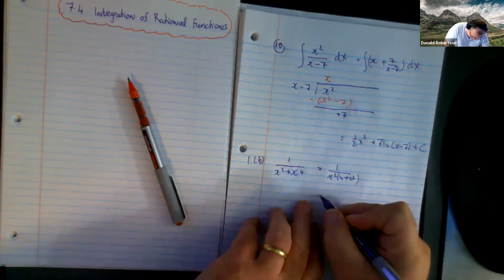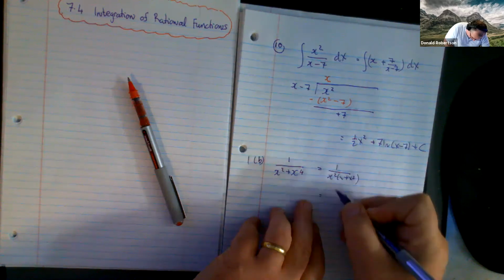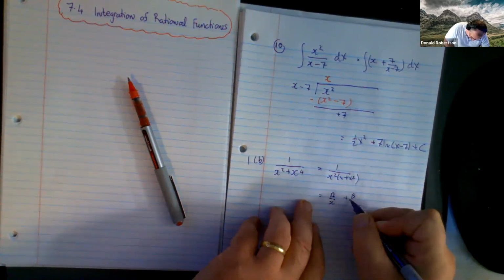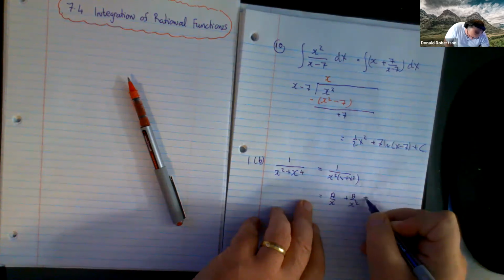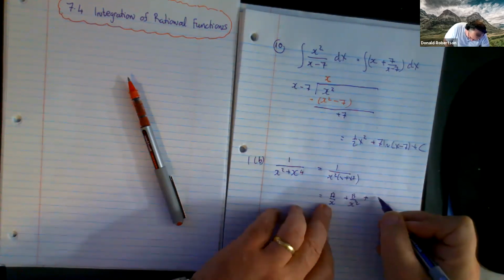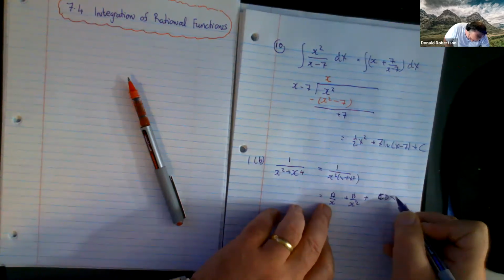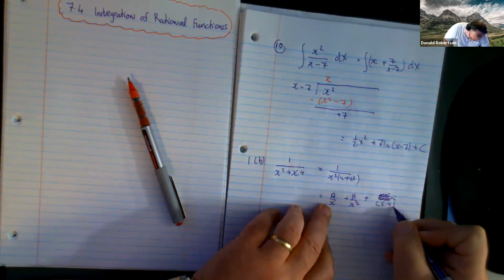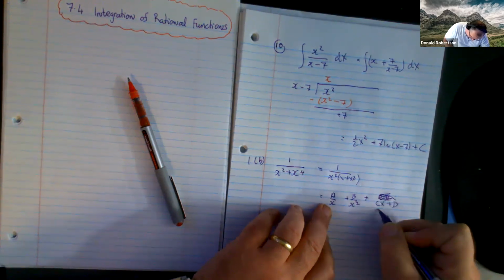Then the 1 over x squared actually generates 2 terms, and the 1 plus x squared gets you a Cx plus D over 1 plus x squared.